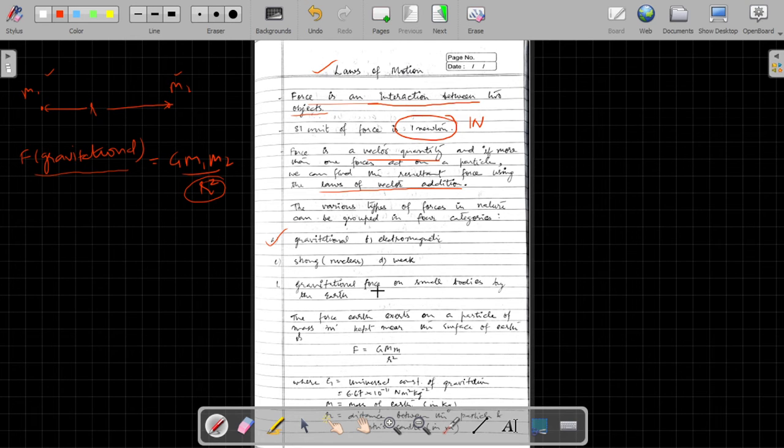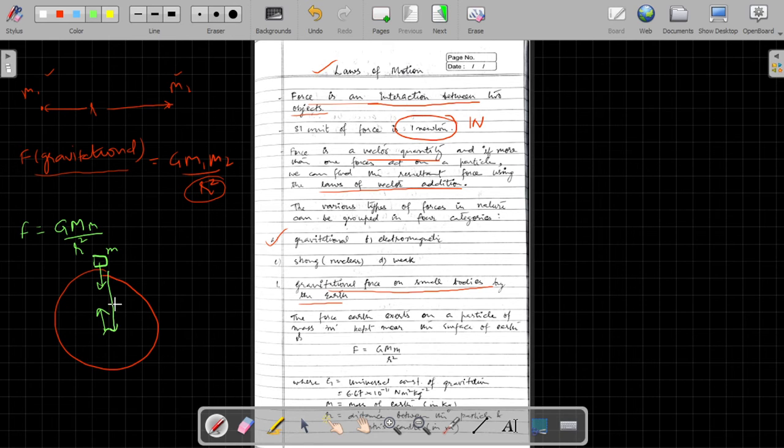Now we are concerned with the gravitational force on some small bodies by Earth in this chapter, which is laws of motion. So if you have Earth and there is a body on Earth, let's say some block resting on Earth, then the gravitational force between the Earth and the body would be G, mass of Earth, let's say capital M, mass of small block, that is small m, and the distance between the block and the center of Earth, that is some r.